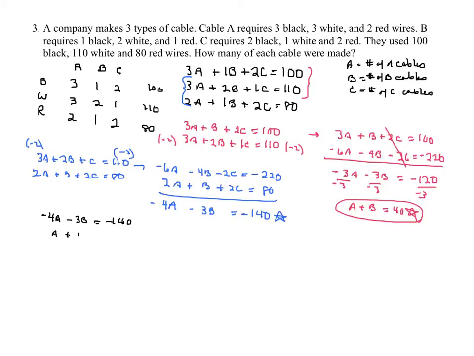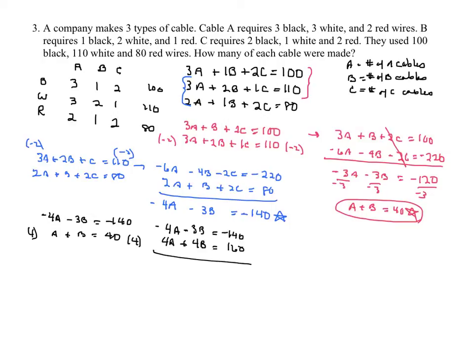A plus B equals 40. I'm going to multiply the bottom equation by 4, so I get 4A plus 4B is equal to 160. And then I'll get negative 4A minus 3B equals negative 140.